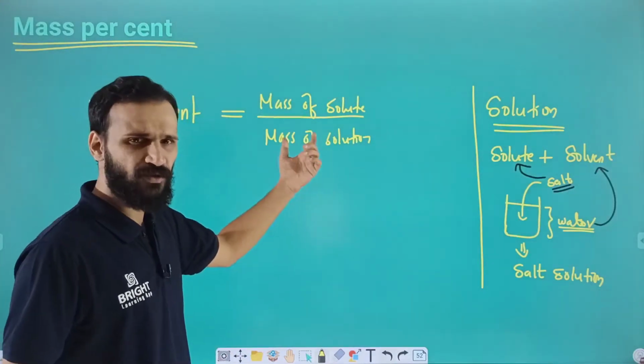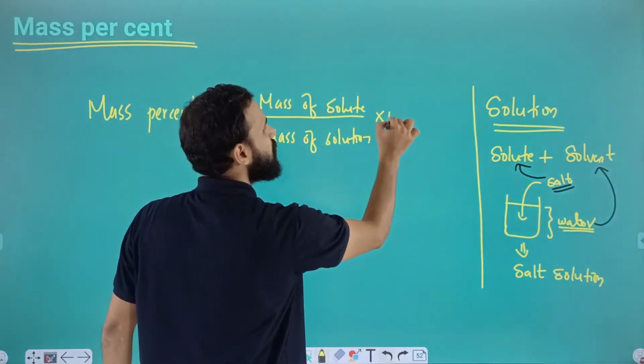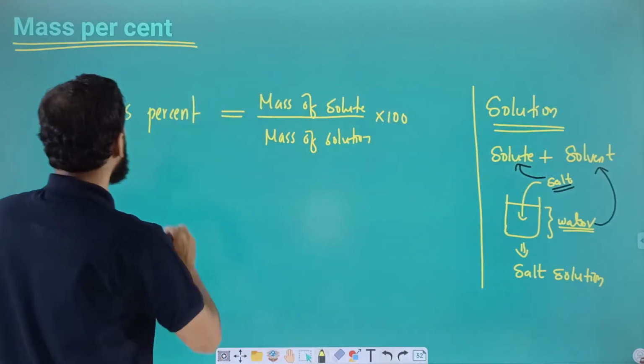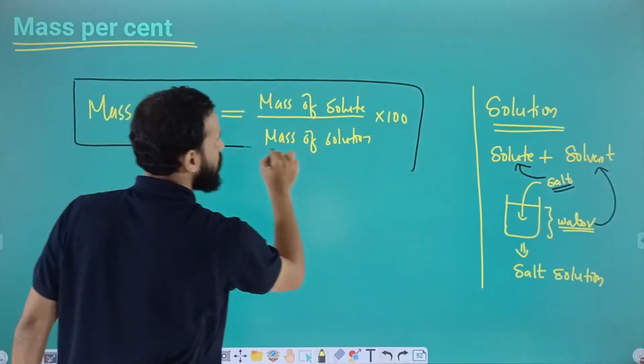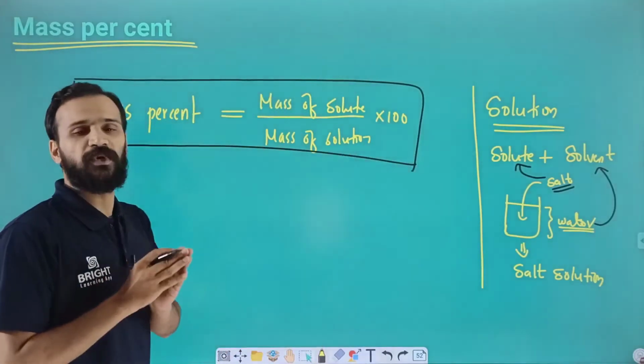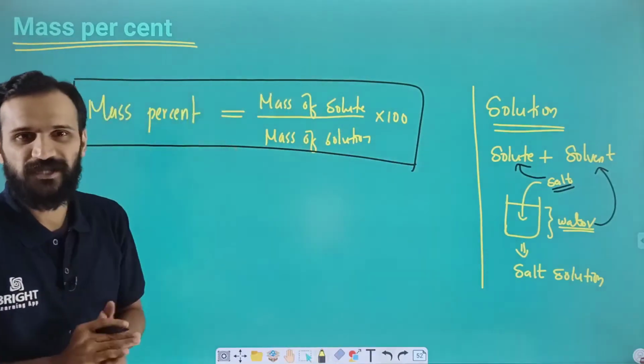Total mass of solution means mass of solute plus mass of solvent, into 100. This is the equation we are using to represent the concentration of a solution in terms of mass percent.